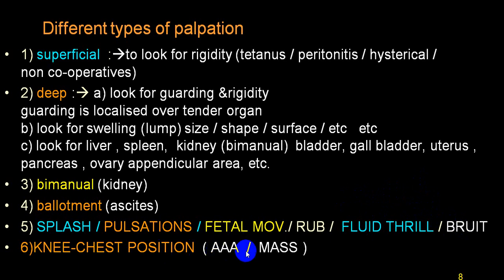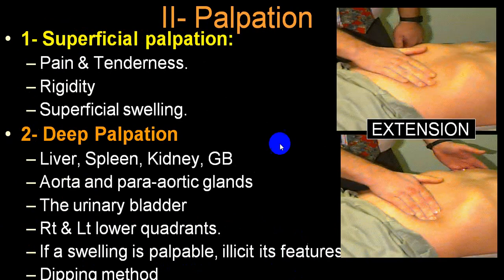And we already mentioned how to differentiate between abdominal aortic aneurysm, abdominal aorta pulsation, and a mass sitting on abdominal aorta. You will have to differentiate by a knee-chest position, and in that you will have to examine.